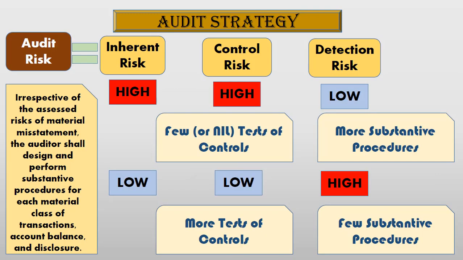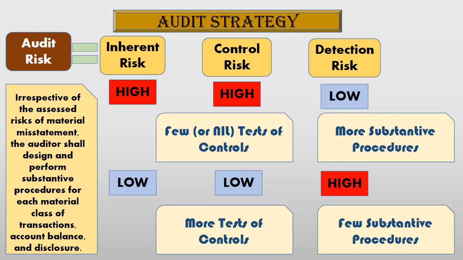Now, if you design your audit strategy using the two extremes: if inherent risk and control risk, which are the components of the risk of material misstatements, are both high, then we can perform few, or sometimes skip, tests of controls and perform more substantive procedures.